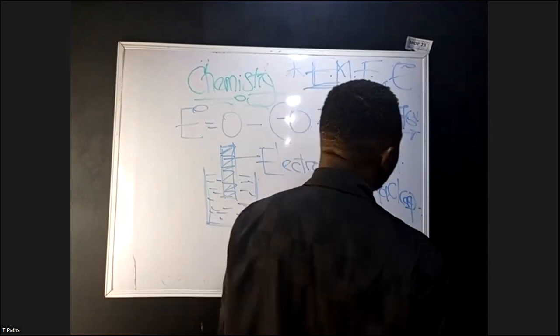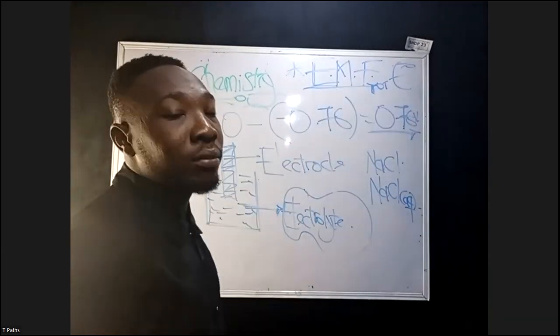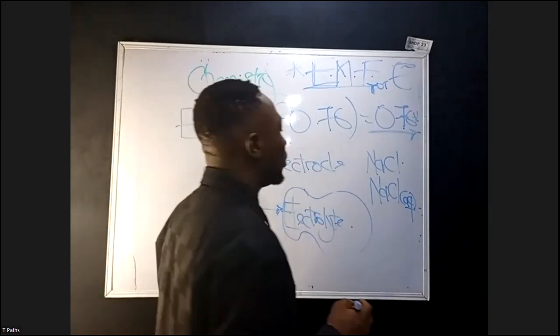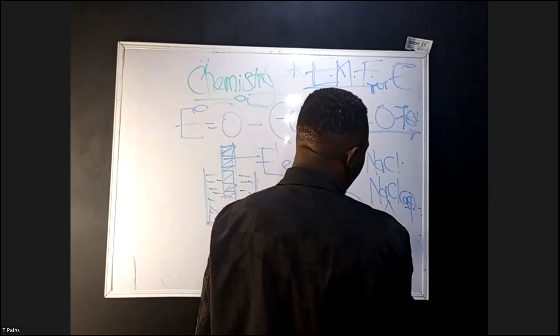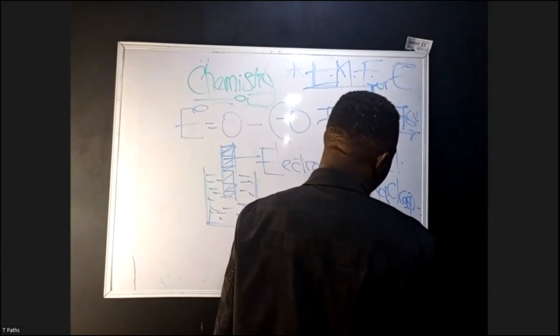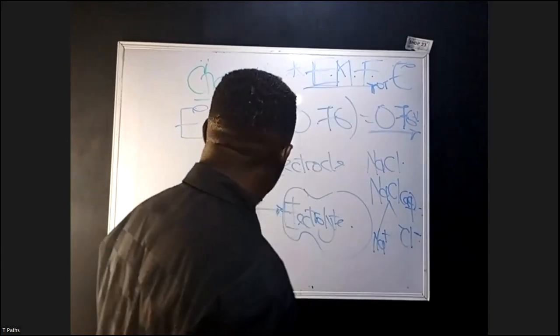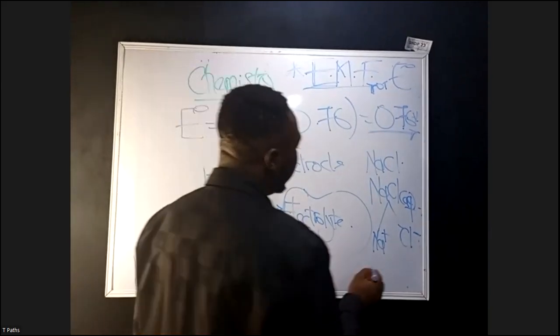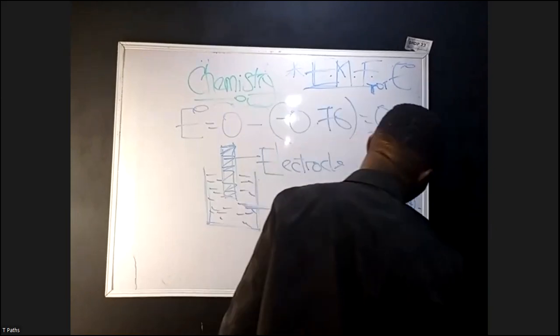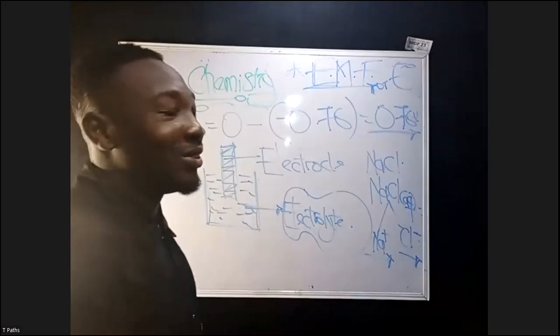Aqueous in the form that its solvent is water and the solute is NaCl. In its aqueous form, it breaks into Na plus and Cl minus. Na plus is the cations. Cl minus is the anions.